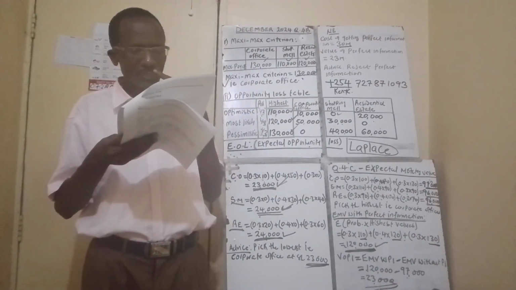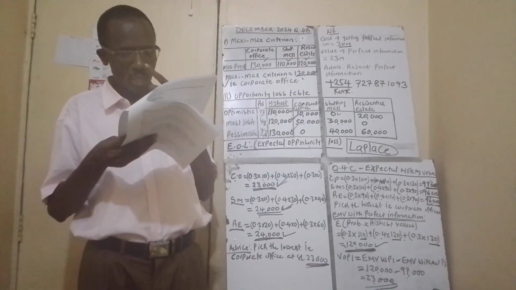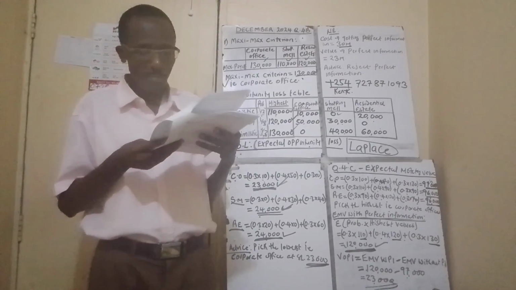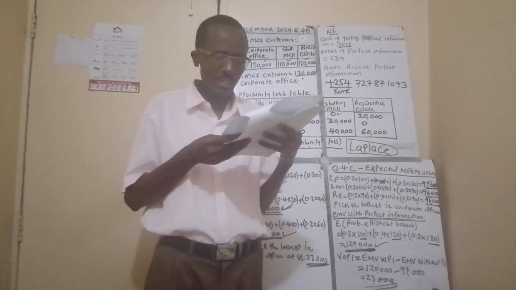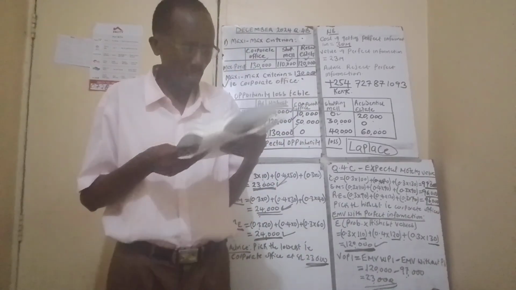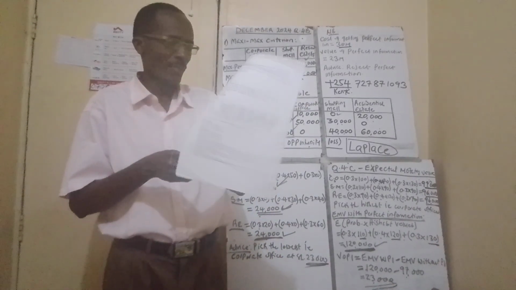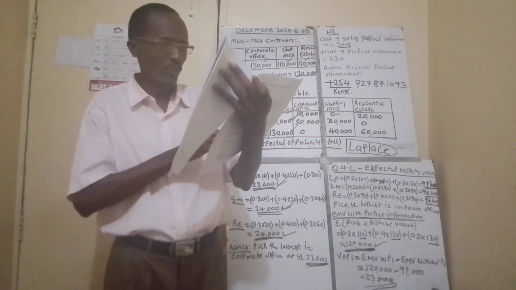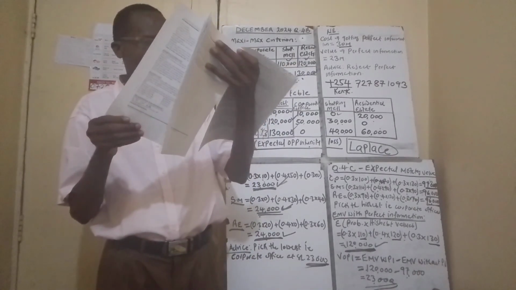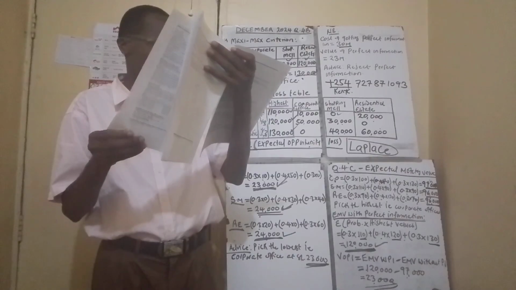A payoff table illustrates all the possible outcomes, such as the profit or loss, hence it is used in decision making under uncertainty.